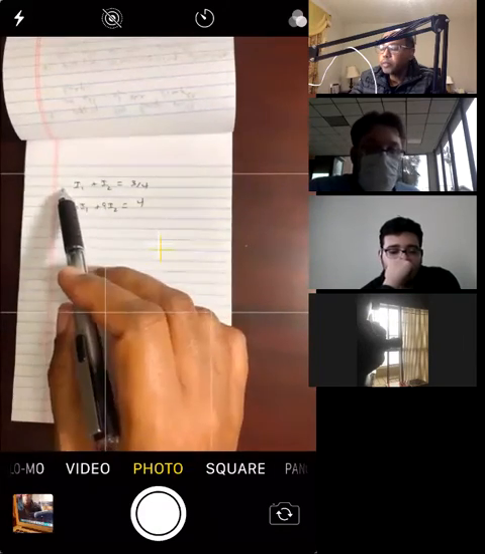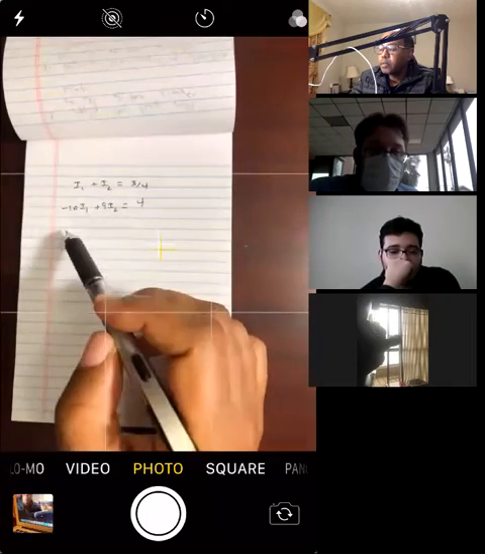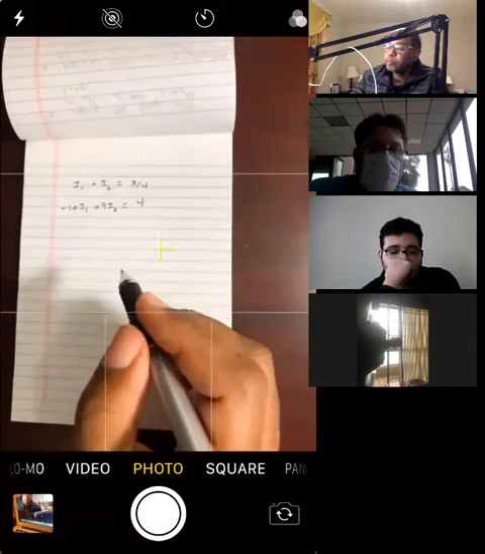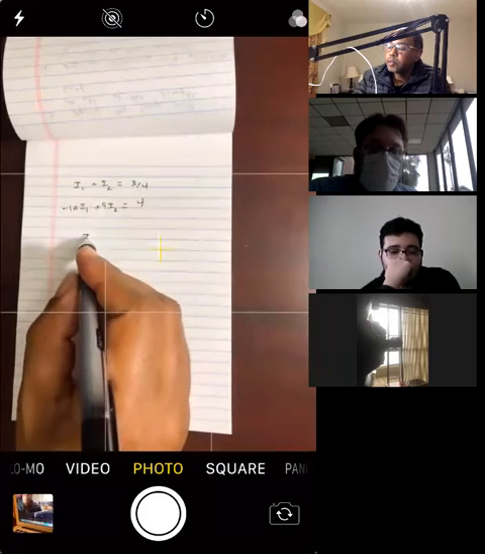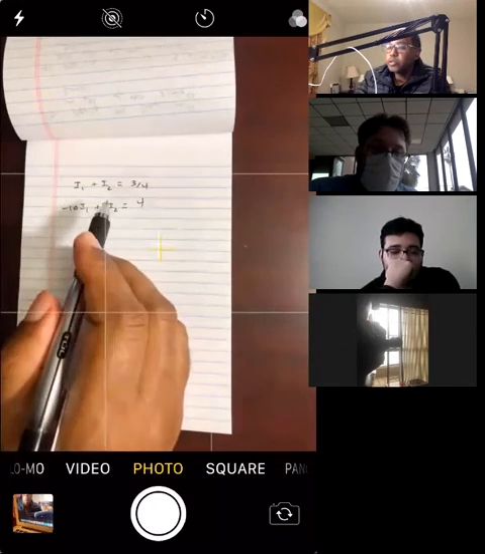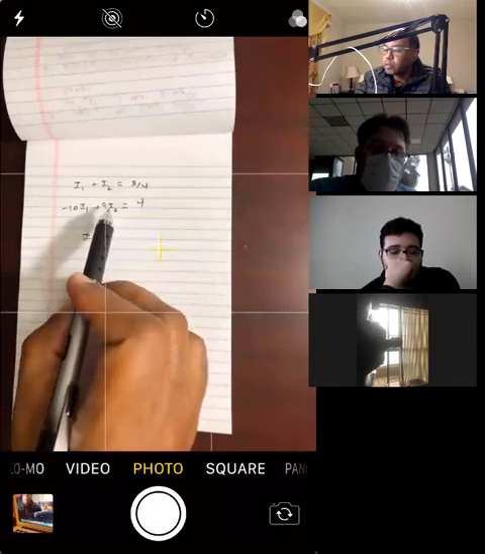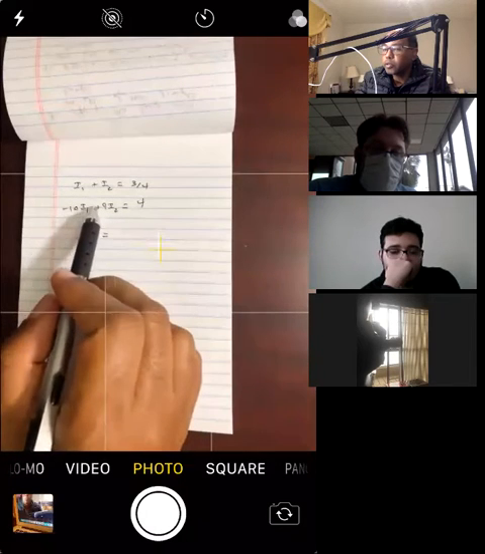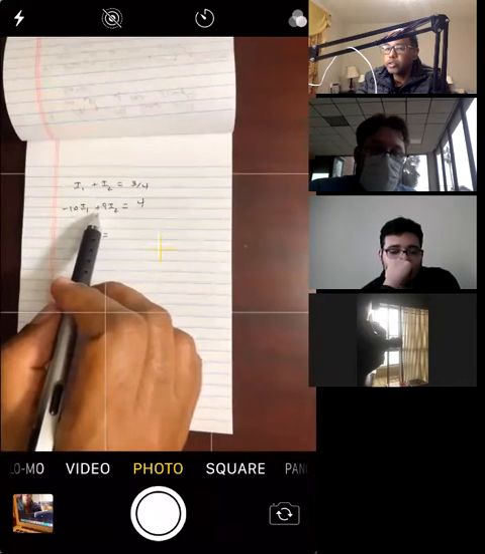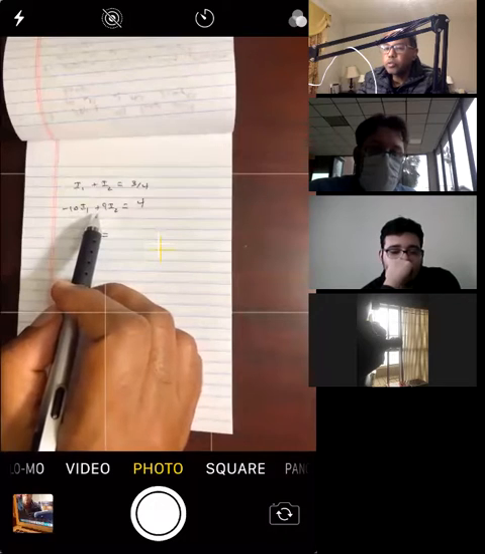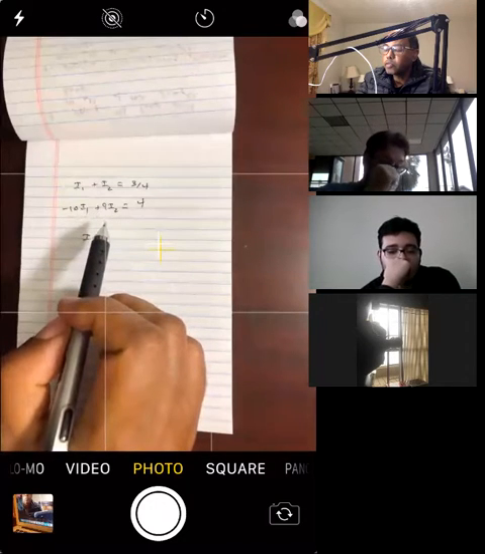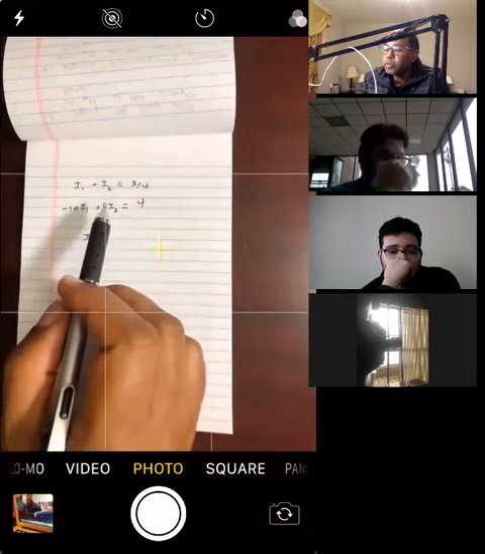You can multiply by 10, and then when you add, one goes away. But let's say substitution, because most of the time substitution is easier. These numbers look good, but most of the time they're going to be fractions and stuff, so elimination is not going to be useful with these kinds of numbers. So let's do it with substitution.